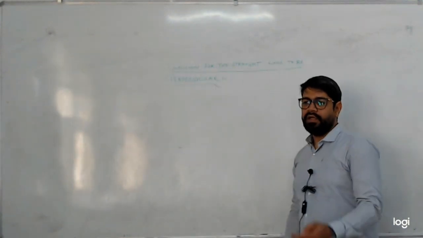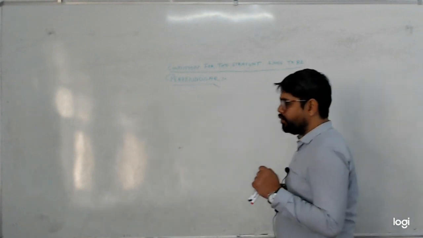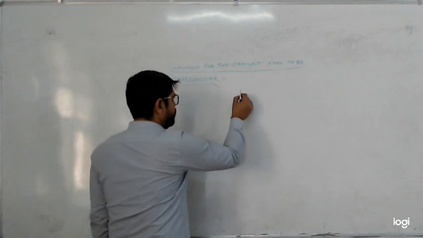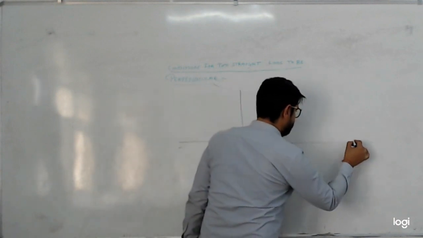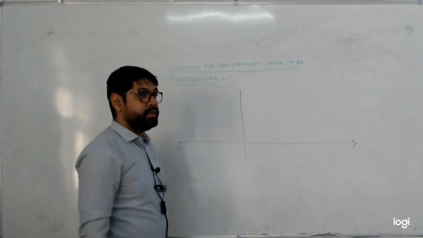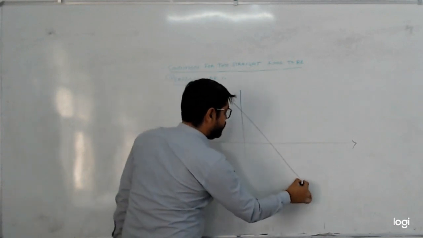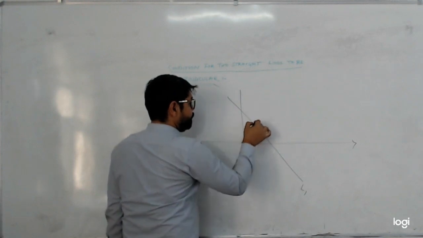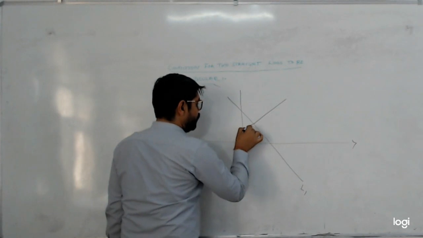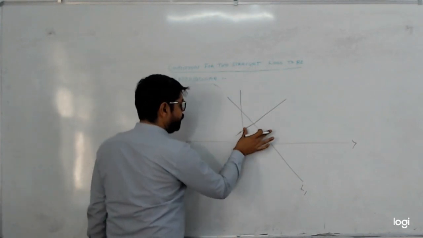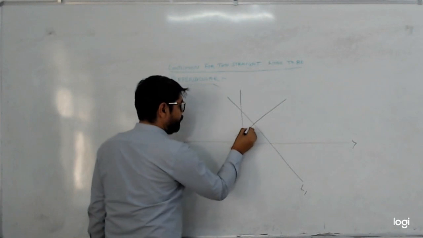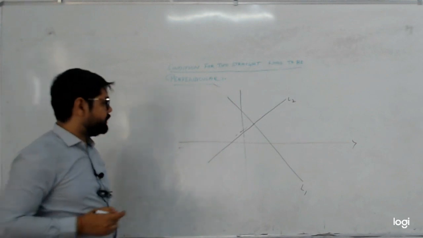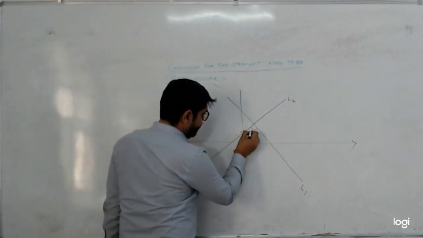Now we will check what is the condition in terms of slope that two given straight lines are perpendicular to each other. So let they are given a rectangular coordinate system. Say this is the line L1 and this is the line, say L2, which is perpendicular to given straight line, that is this angle is 90 degree.